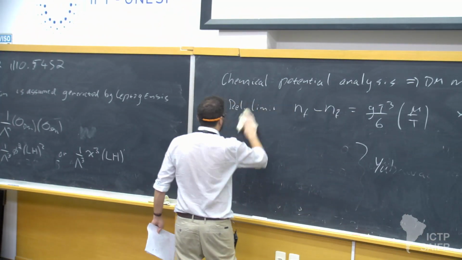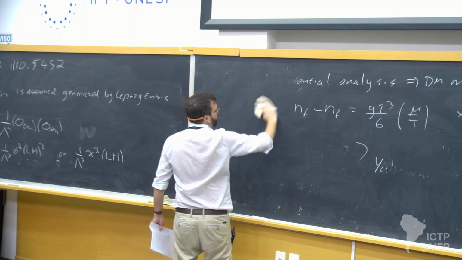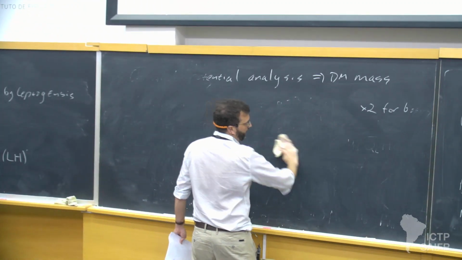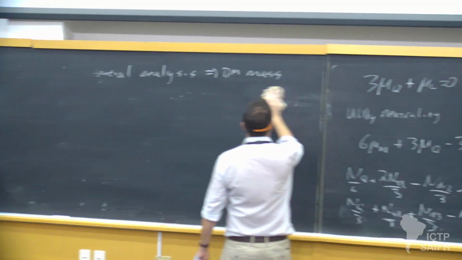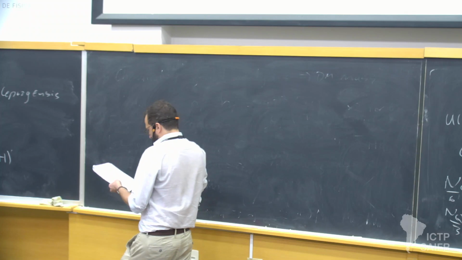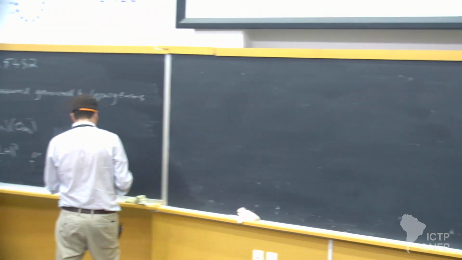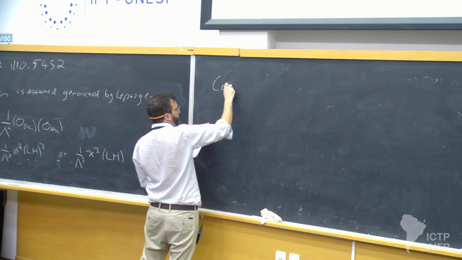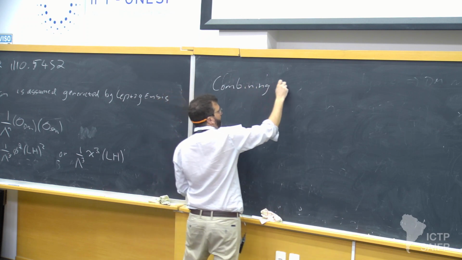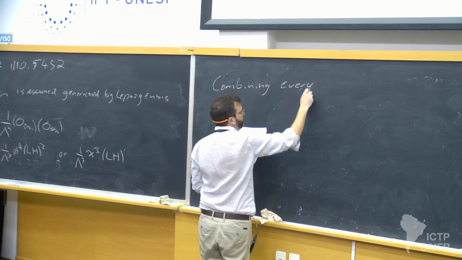It's a whole system of linear equations relating all these chemical potentials which appear and these numbers which appear in the operator and so on. But in the end, combining everything, one gets a very neat result.